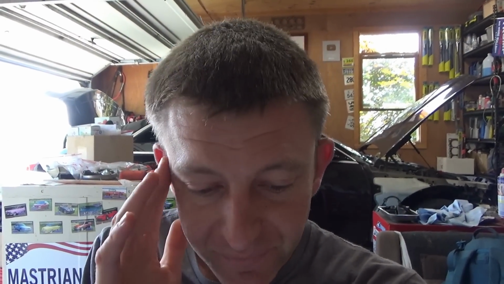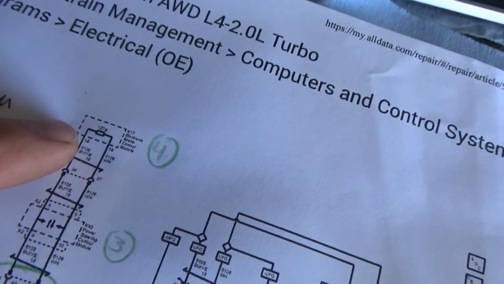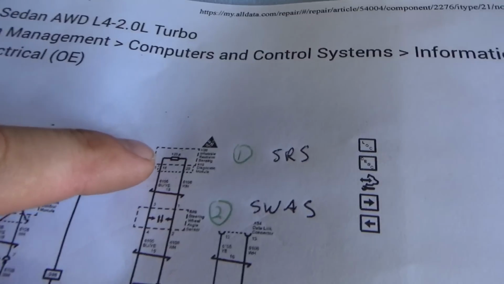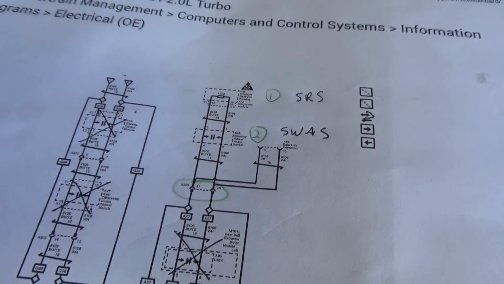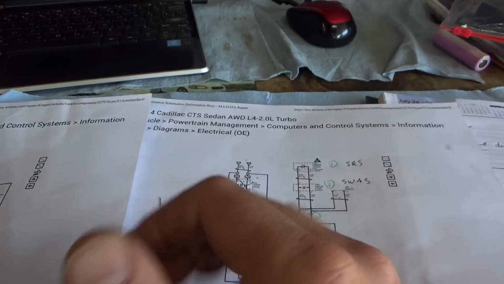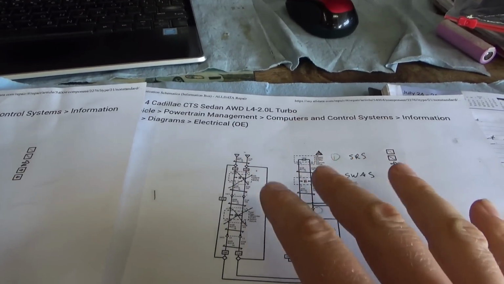What's the next logical step here? So we know what network's affected, and we know exactly where the terminating resistors are. They're even labeled 120 ohms in the EBCM and 120 ohms in the airbag module. So what I want to do is, one, disconnect the battery so we don't have any stray voltages on these networks.